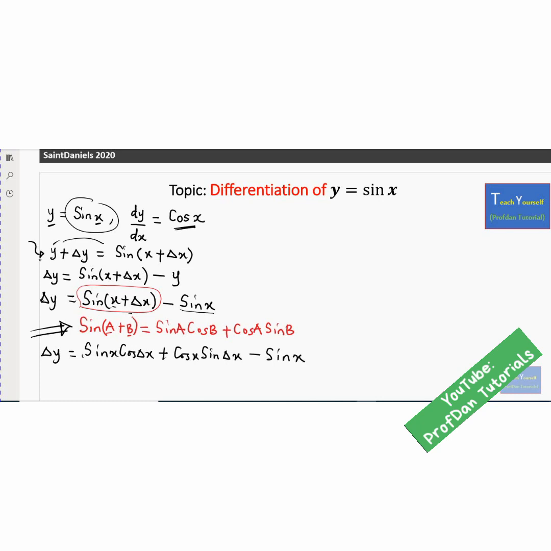There are three terms here, and we can see that the first term and the second term have a common factor, which is sine x.